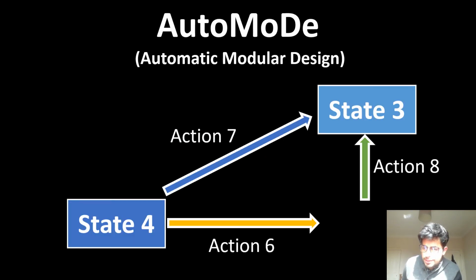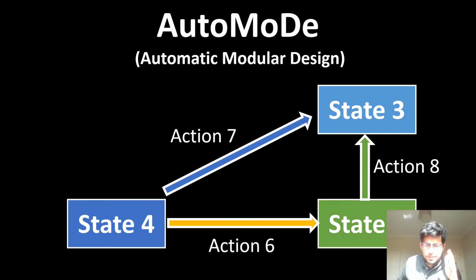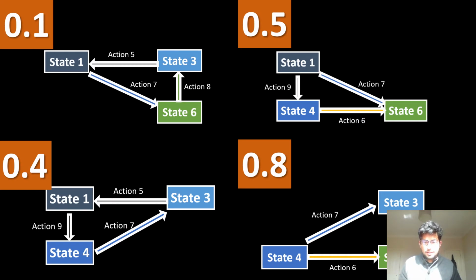You try different combinations of finite state machines until you find the one that works. This is made autonomous. Here, in this slide, what I'm showing is that the number represents the fitness or the performance of that state machine.